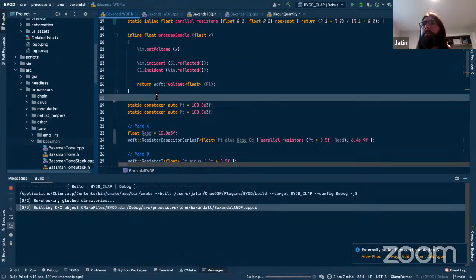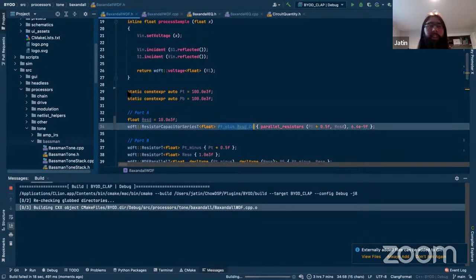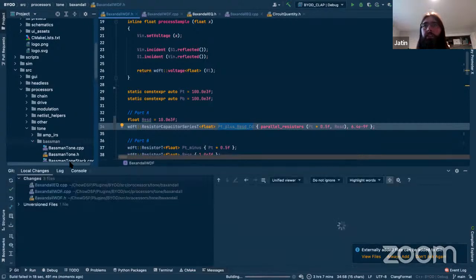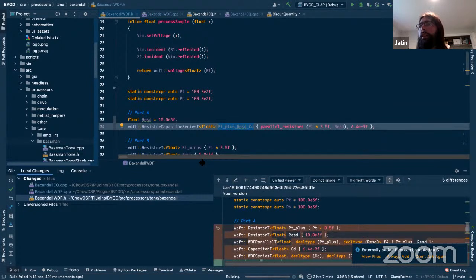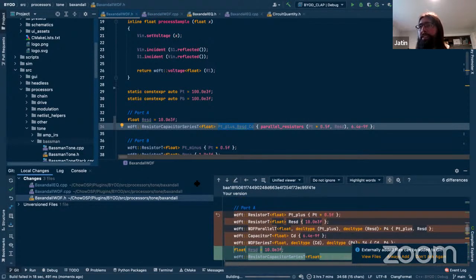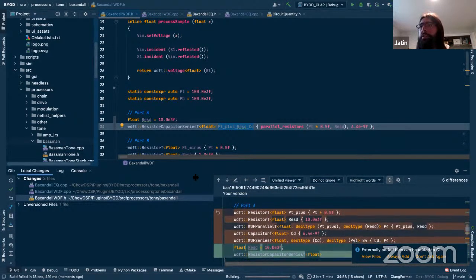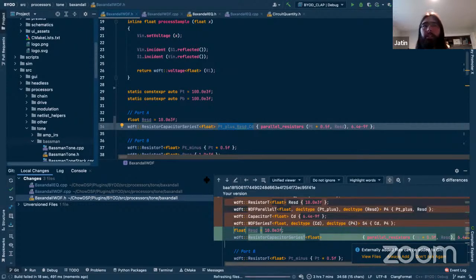That's a much simpler port A than we had before. Previously we had, actually we can just ask Git what we had before, because I won't remember it. Previously we had 5 WDF elements, and we've condensed that down to 1. That's kind of nice, and it should help our implementation be a bit faster.